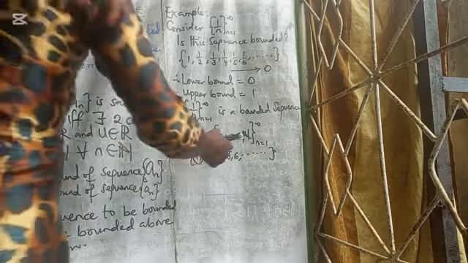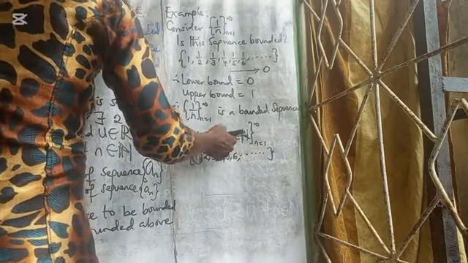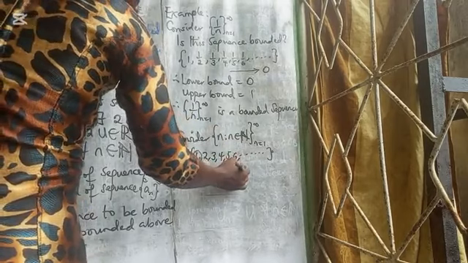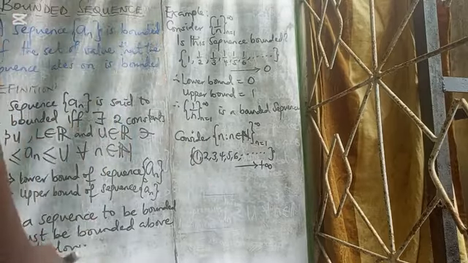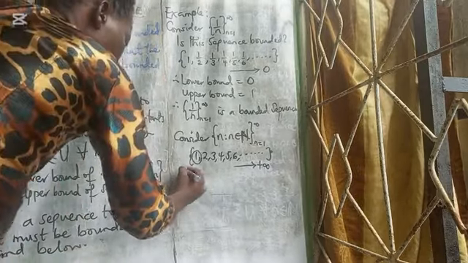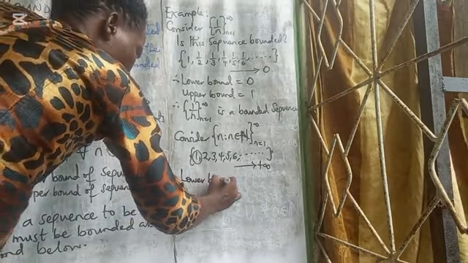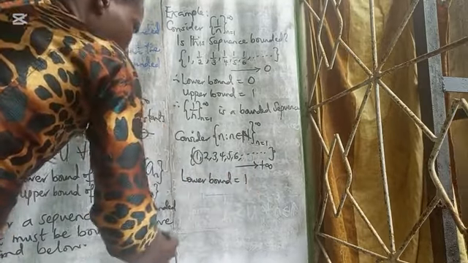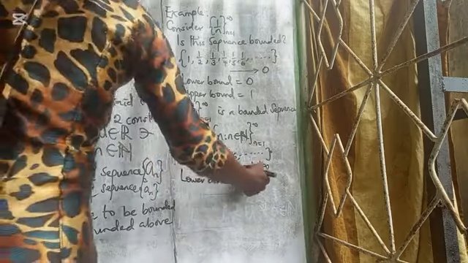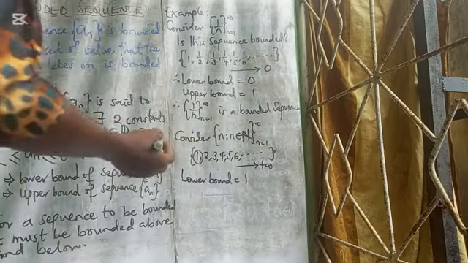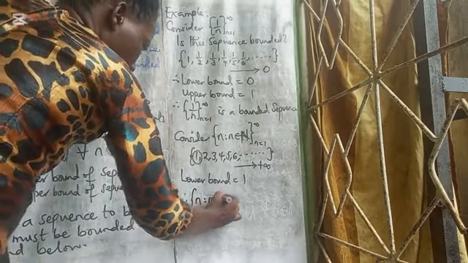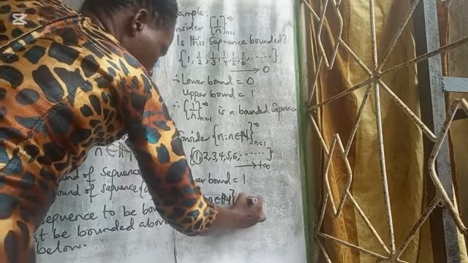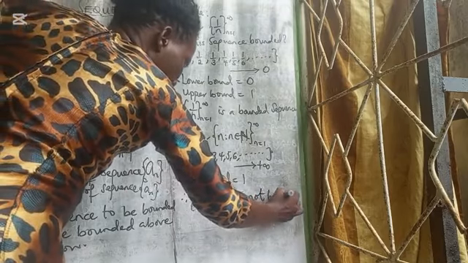No. Why? Because the bigger our n, the more the sequence tends towards plus infinity. So we have a lower bound, which is equal to 1, but we don't have an upper bound. Therefore, this sequence of numbers is not bounded.